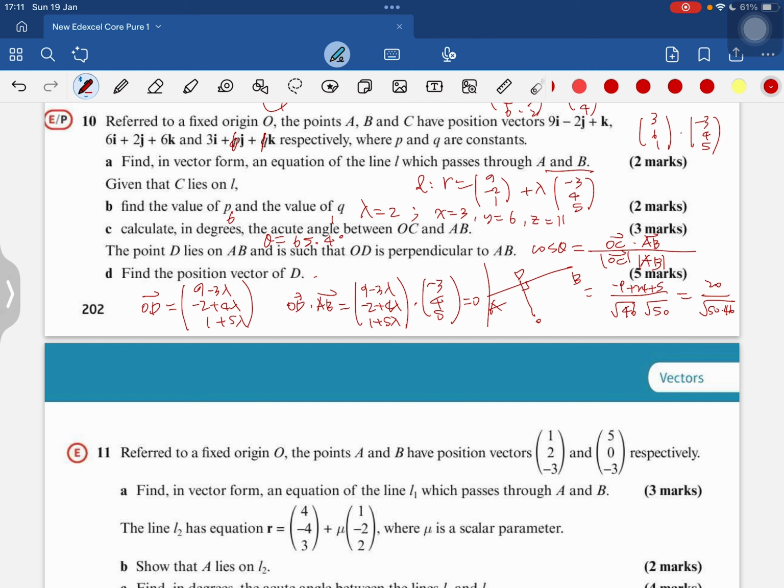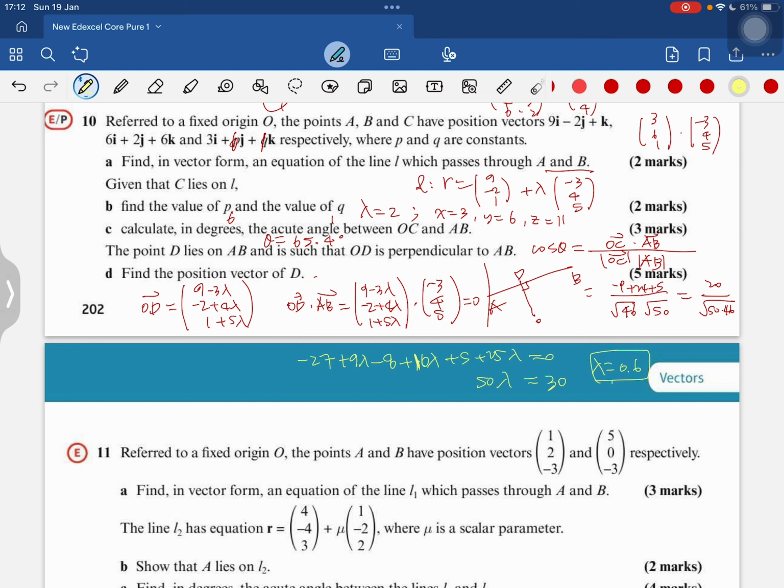Perpendicular means cos theta, cos 90 degrees, cos pi over 2 becomes 0. So negative 27 plus 9 lambda minus 8 plus 16 lambda plus 5 plus 25 lambda equals 0. 50 lambda becomes 30. So lambda is 0.6.